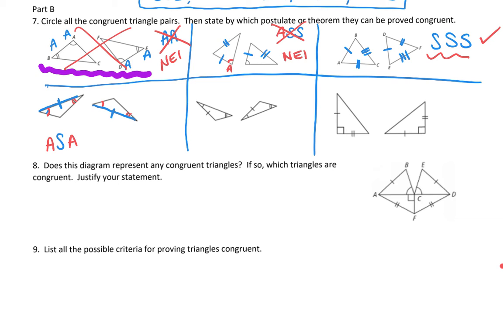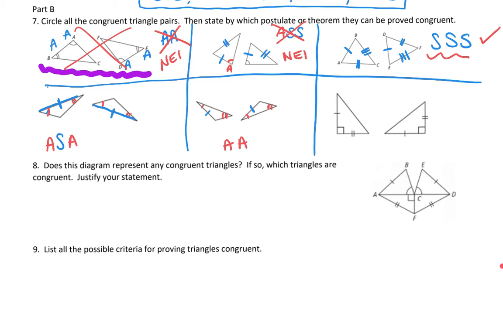And then here's ASA's cousin right next to it, where again, I have 2 matching sides. Whoa, rewind. I have 2 pairs of matching angles. All right. And then I've got the matching side. So I need to decide, is that side sandwiched between the 2 angles or not?